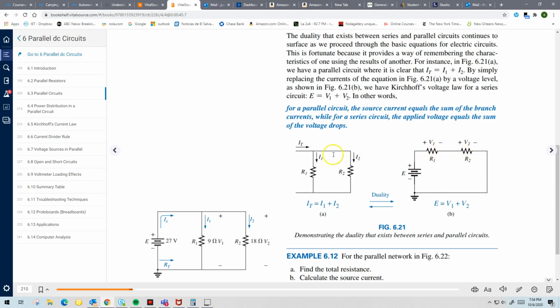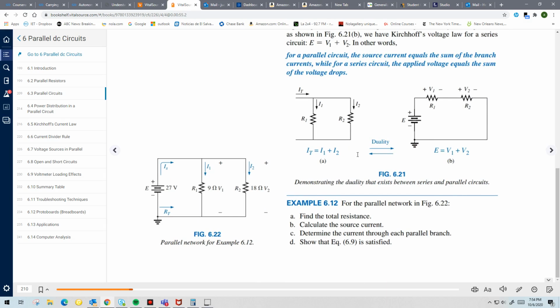For a parallel connected circuit, it is the current that splits, but the voltage is the same across each of the elements. This is really, really important that you remember, and not only that you remember it, but that you understand it. It's important that you understand this figure. Make sure you do. Study it.